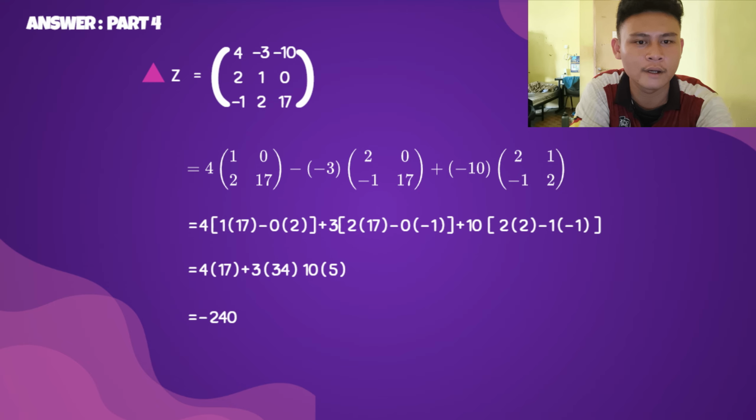Take 4, and 4 minus 3 and -10 to the outside, and put the balance of the number. For 4 we're going to take 1, 0, 2 and 17 to multiply with number 4, and minus -3 multiply with 2, 0, -1 and 17, and plus with -10 and multiply with 2, 1, -1 and 2.